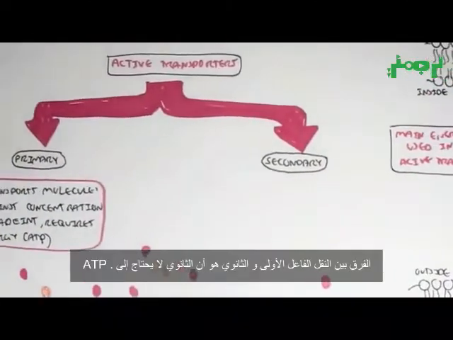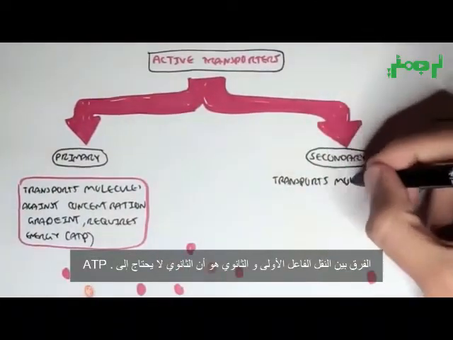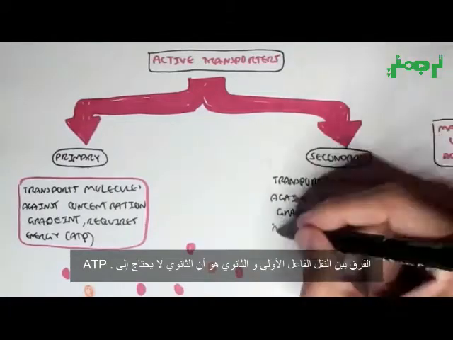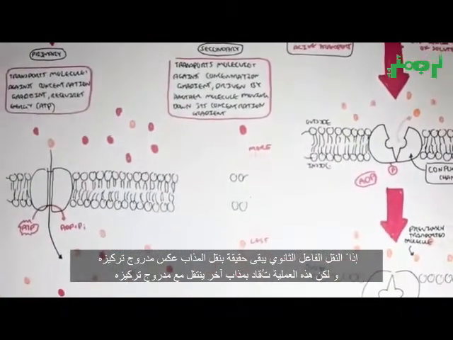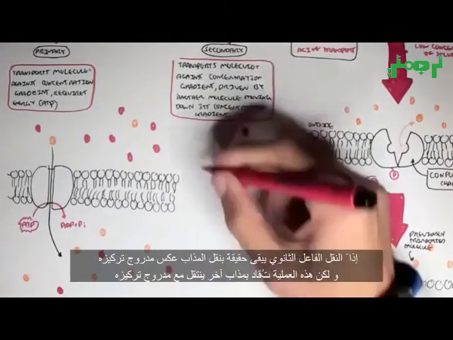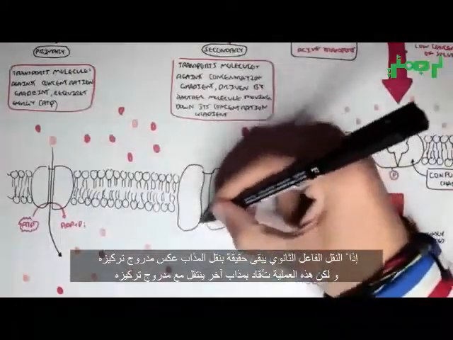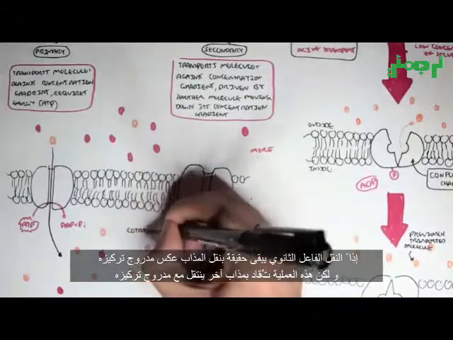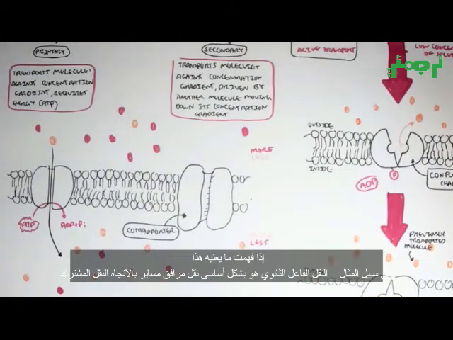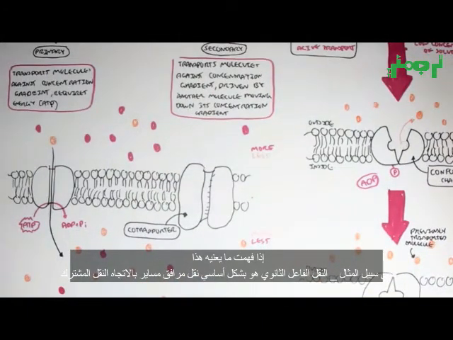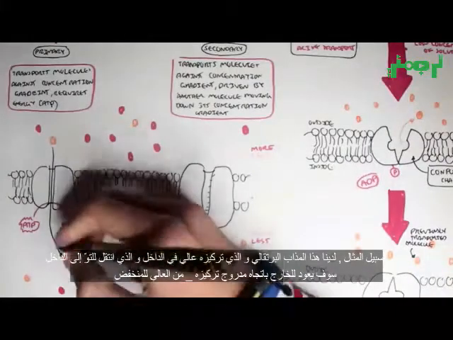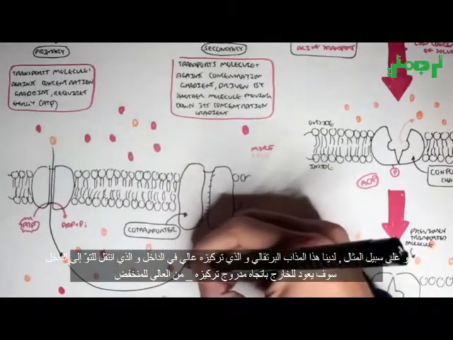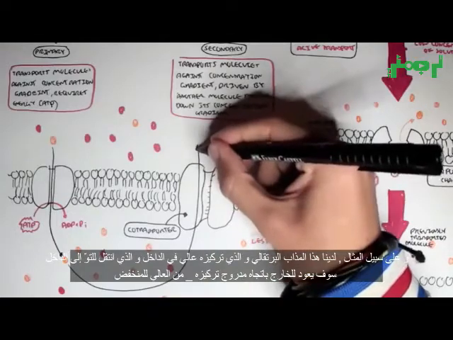Now, the difference between primary and secondary is that secondary does not require ATP. Secondary active transport still transfers molecules against their concentration gradient, but it's driven by another molecule moving down its concentration gradient. The active secondary transporter is specifically a co-transporter. For example, we have this orange solute, which is highly concentrated on the inside, which just moved in.